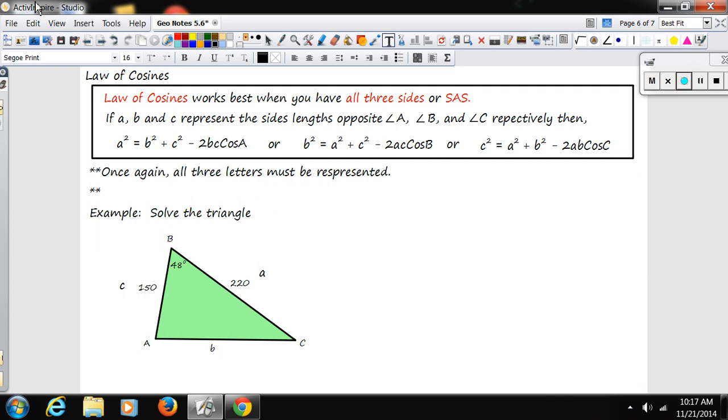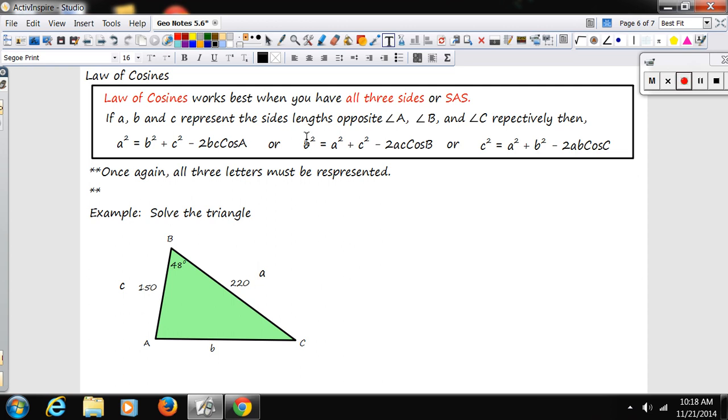So that means we got to use our law of cosines, which would be one of these formulas. And if you look at the formulas, there's a lot of things in common. If you're looking for a little a, then you're going to be using angle A as your cosine angle back here in the end. And you're using B and C in the middle of the formula.